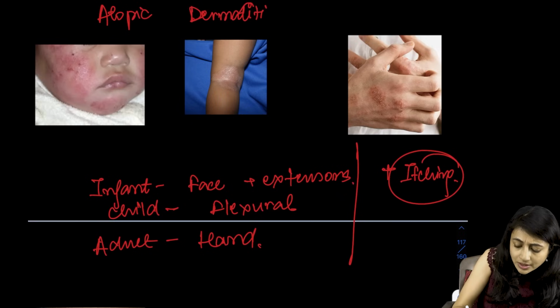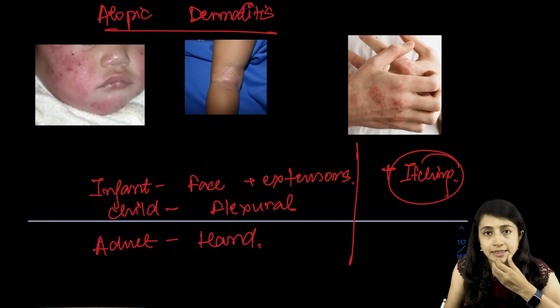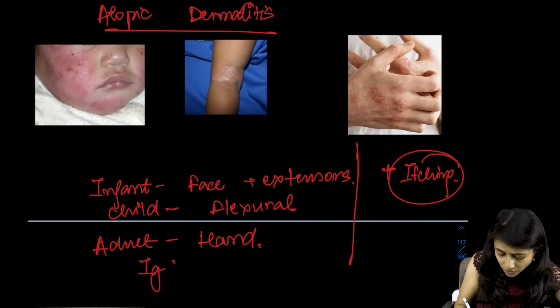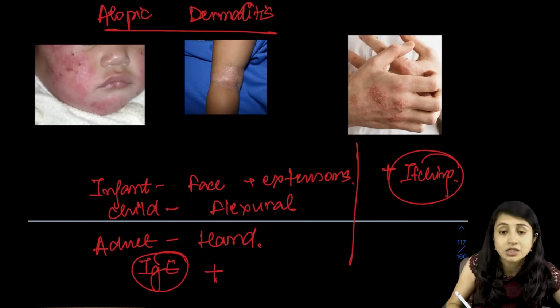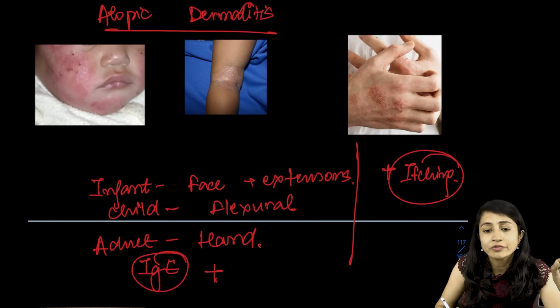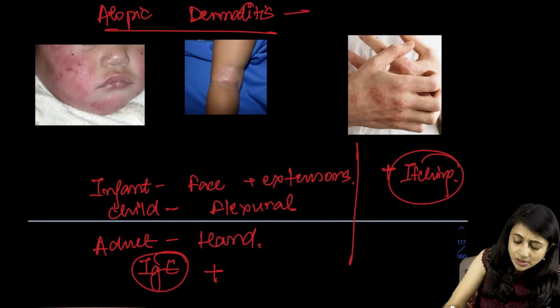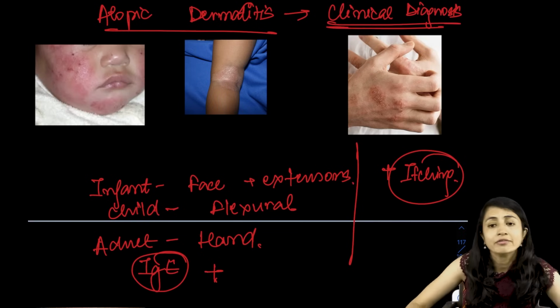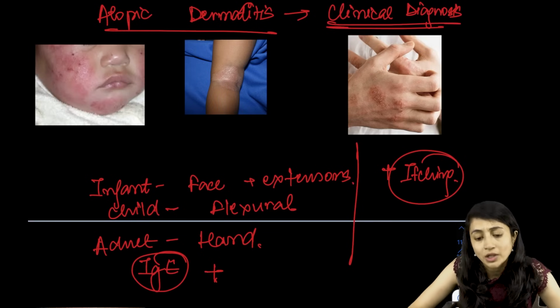Atopic dermatitis is a type of endogenous eczema. It is usually an IgE mediated disorder. So, IgE is one test which is positive. However, atopic dermatitis is always a clinical diagnosis. You do not have any particular lab test which will help you.